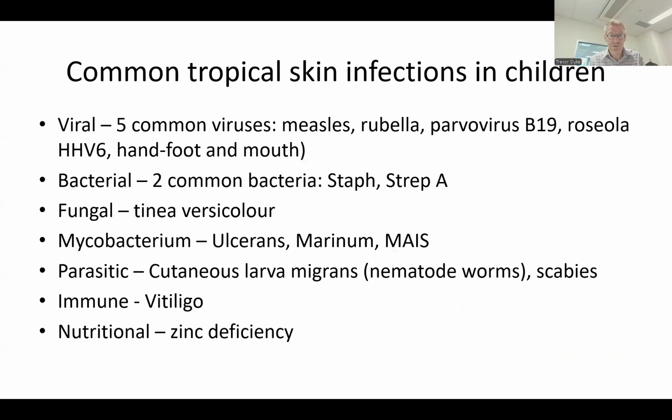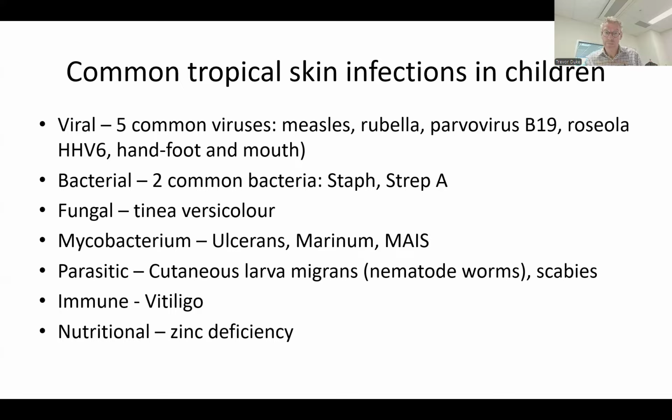So we've touched on some common tropical skin infections in children. We talked about the 5 historical viruses: measles, rubella, parvovirus, roseola (HHV6), and hand, foot, and mouth disease. We've talked about the 2 common bacteria, staph and strep. We've talked about some fungal infections, tinea versicolor, and briefly aspergillus.